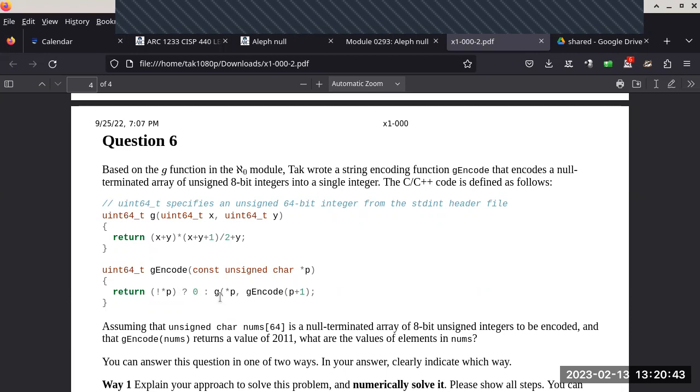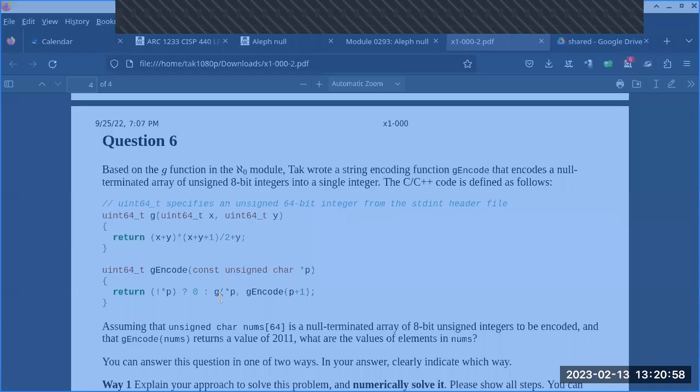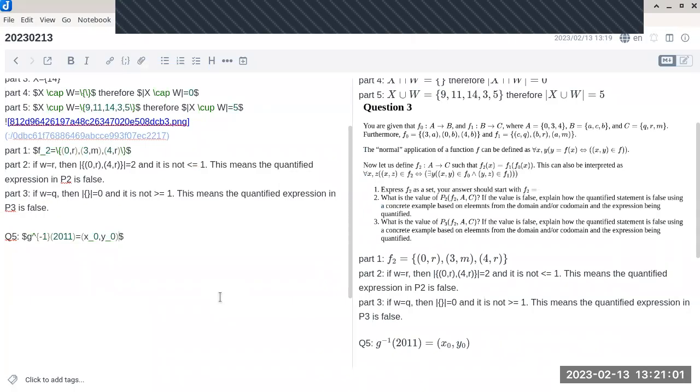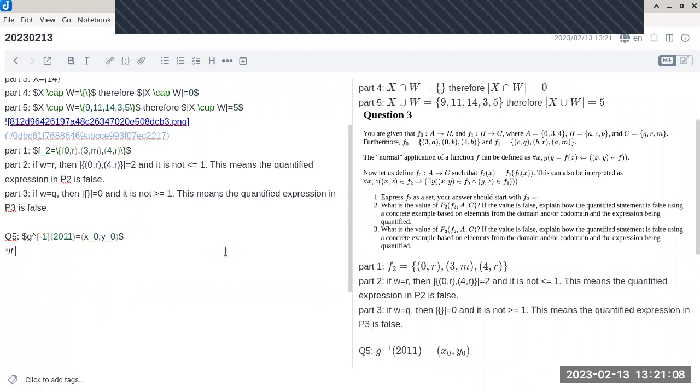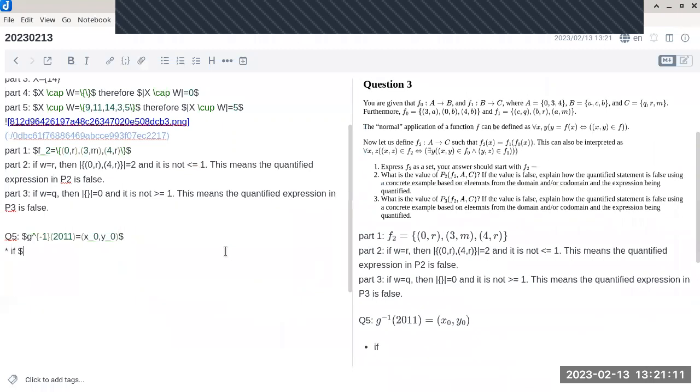So that means when you apply G inverse and you find that the second item is a 0, you have just decoded everything. But what if it is not? That means you have to decode it again. So in the code, in the algorithm here, what you need to do is actually figure out what is y0, and then you have two ways to proceed. You can say if y0 is 0, and we are done.